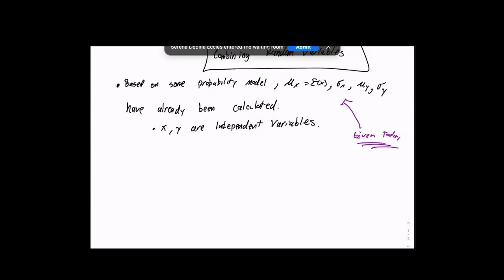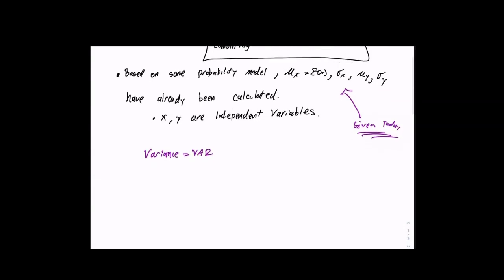All right. Now, something else to note, the variance is what we will refer to as var. The variance of x, we'll write as var x. And the variance of x is the standard deviation squared.